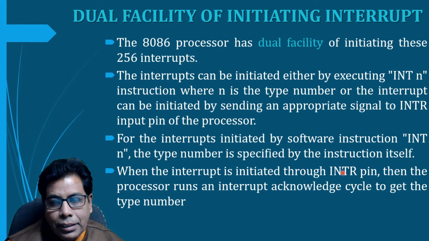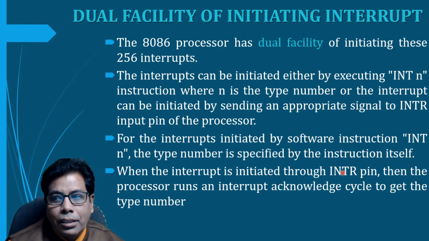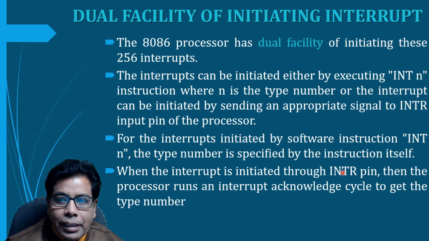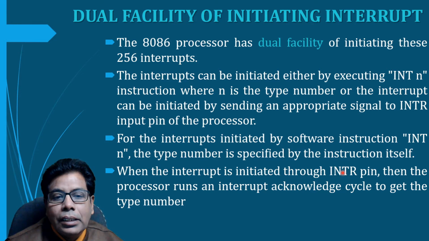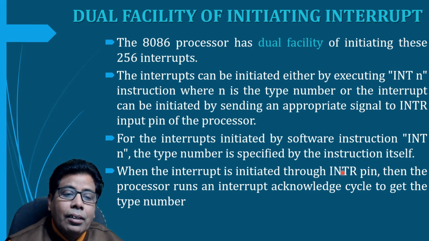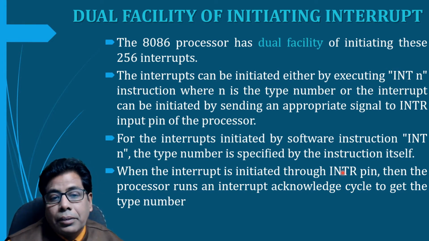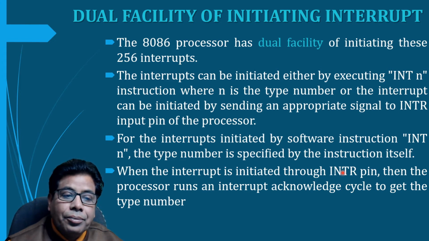When we run this interrupt acknowledge cycle, the interrupting device should supply the type number through the data lines D0 to D7 when the processor requests the same. That means during the interrupt acknowledge cycle, we will get the interrupt type number on the data lines.